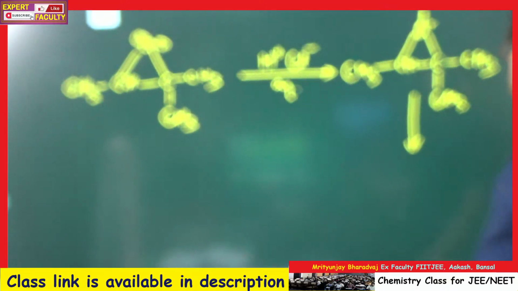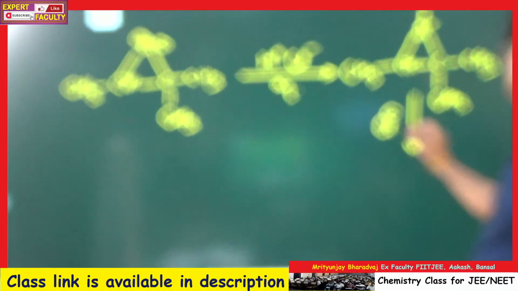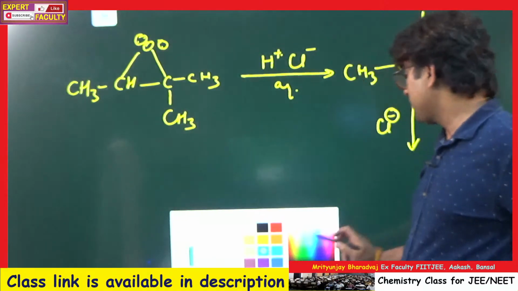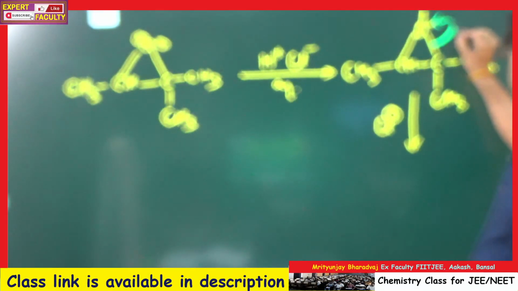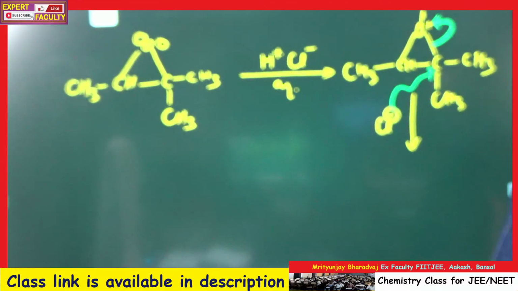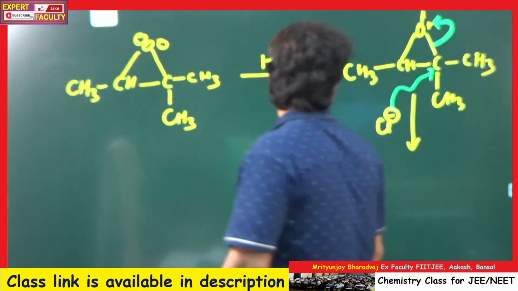Now what will happen? Nucleophile is Cl minus. So first there will be breaking of the carbon oxygen bond. This oxygen will take away the bond pair of carbon oxygen, and then there will be nucleophilic attack on this carbon. Why are we choosing this carbon? This is clear to you? More stable carbocation? Very good.